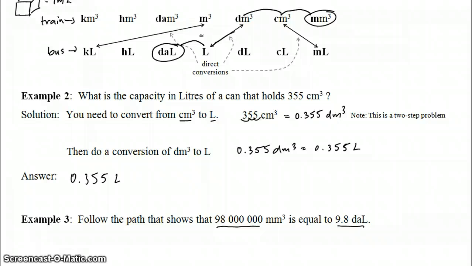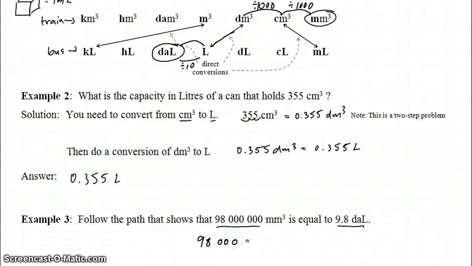And if you're looking at this, this would be a division by 1,000, a division by 1,000, and after you cross over, another division by 10. So that means you'd actually move the decimal 7 places to the left. So the best way of doing this, I'll rewrite it nicely here.